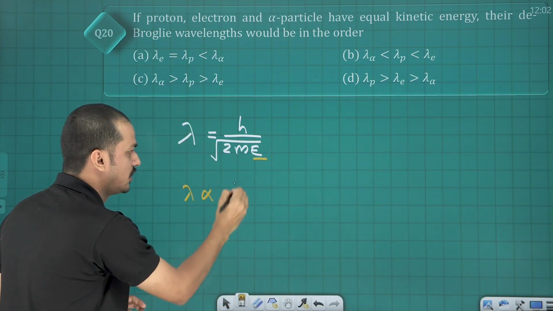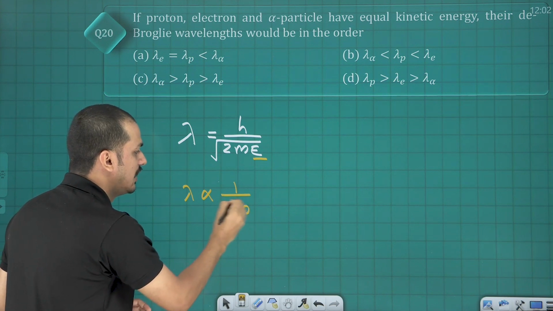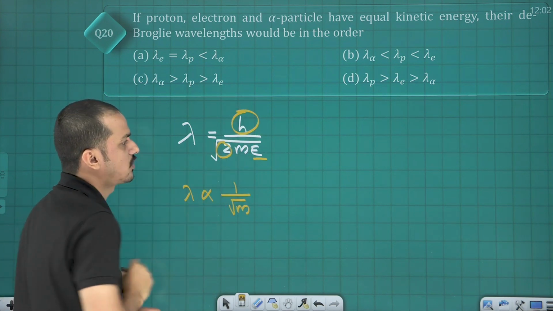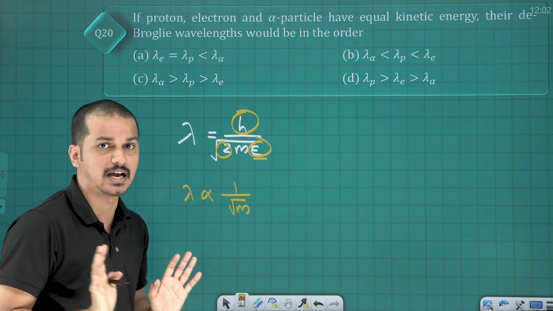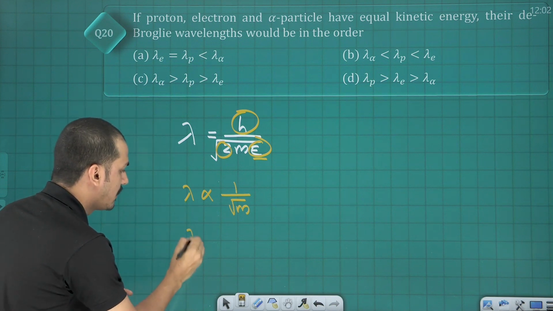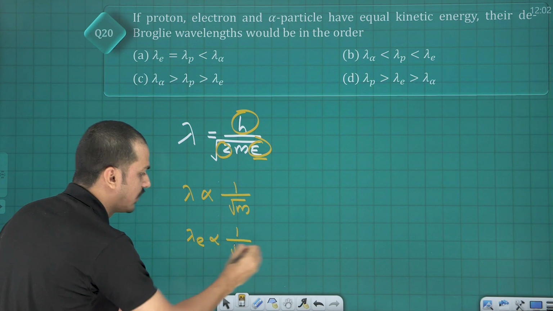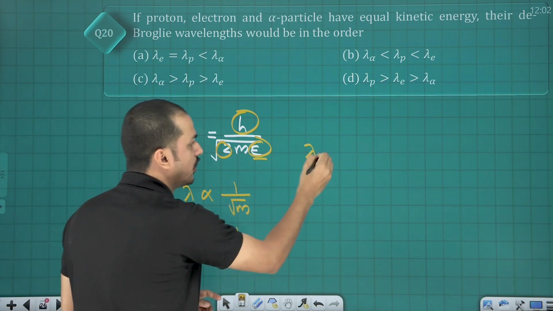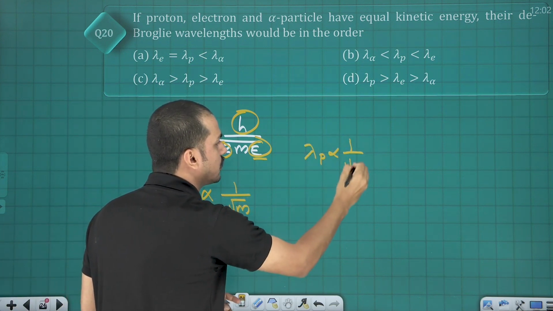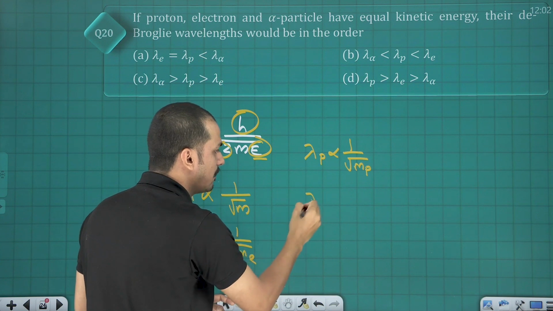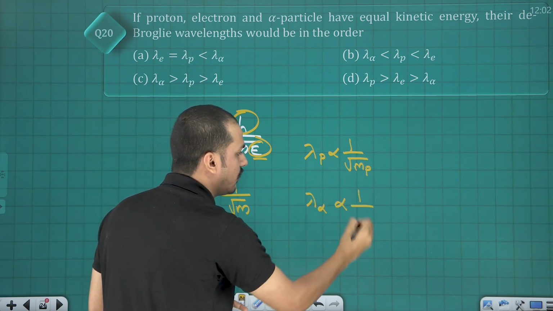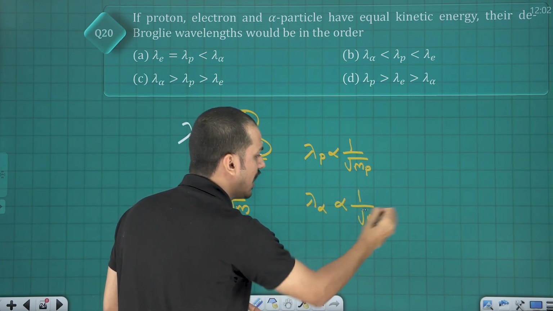Lambda is proportional to 1 by root m, because h is constant, 2 is constant, and E is also constant because of the same kinetic energy. Now lambda of electron is proportional to 1 by root of mass of electron. Lambda of proton is proportional to 1 by root of mass of proton. Lambda of alpha particle is proportional to 1 by root of mass of alpha particle.